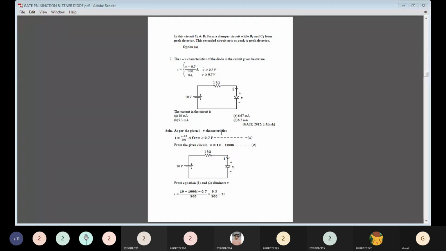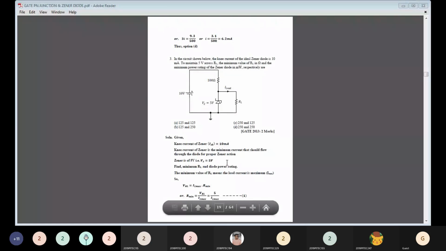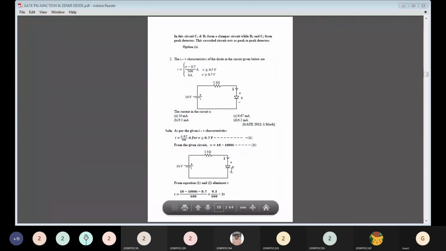As per the given IV characteristics, I is equal to (V minus 0.7) divided by 500 ampere for voltage greater than or equal to 0.7 volt. From the given circuit, V is equal to 10 volt minus 1000 I, the current flowing, so the entire voltage, V is equal to 10 volt minus 1000 into I. So from equations 1 and 2, you just eliminate V on both the sides.